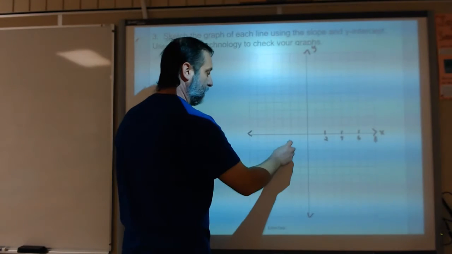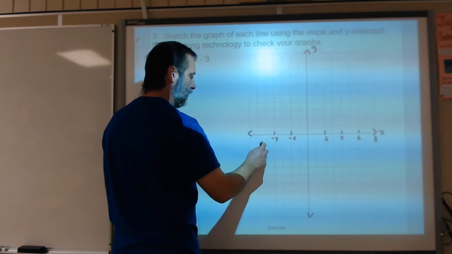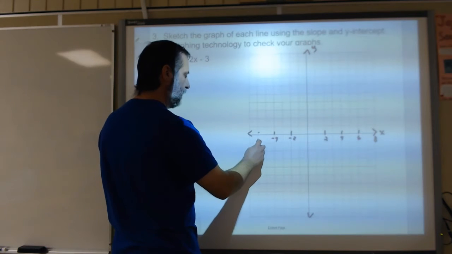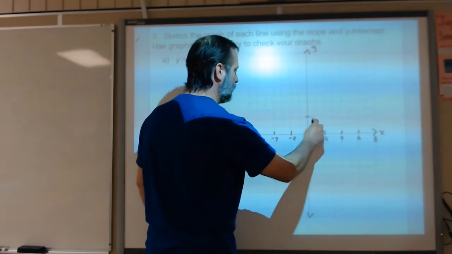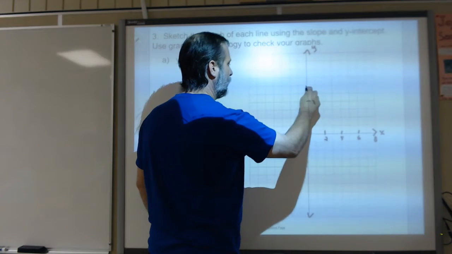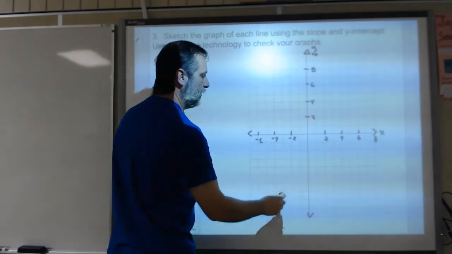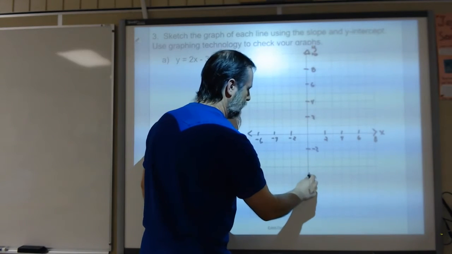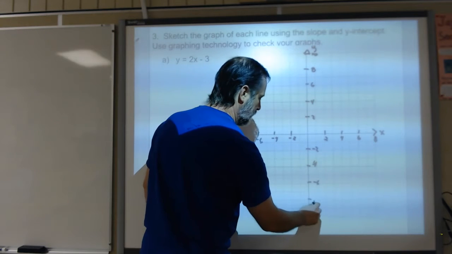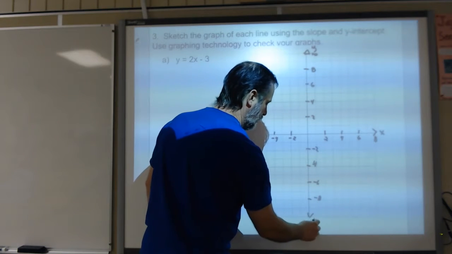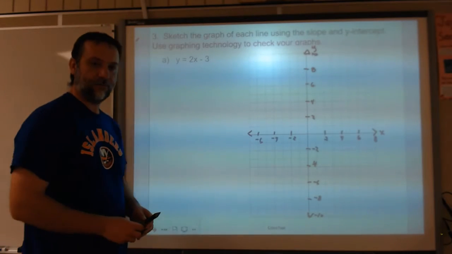My graph should be complete, so I should go backwards as well. Negative 2, negative 4, negative 6. Going up, of course, 2, 4, 6, 8, 10, negative 2, negative 4, negative 6, and negative 10. So I got my labeled graph.